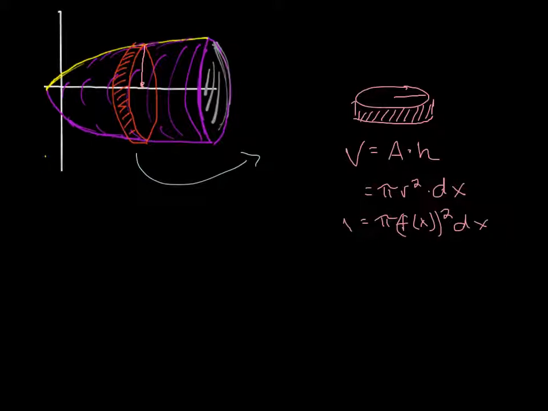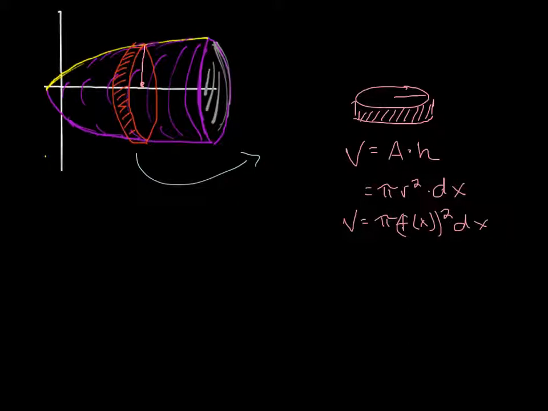So this will give you the volume of one disk cut out of this whole figure. But what I'm interested in is the volume of the whole figure, not just one disk. I want the volume of the whole figure. So we're going to take the summation of infinitely small disks cut out of this figure.